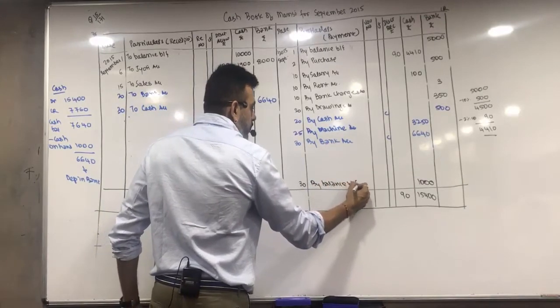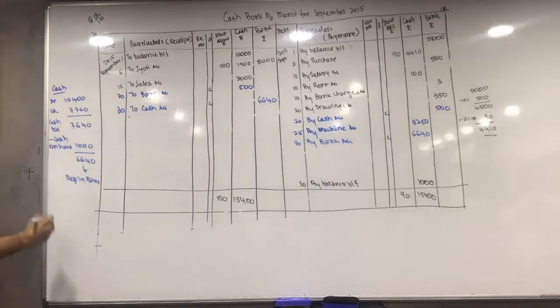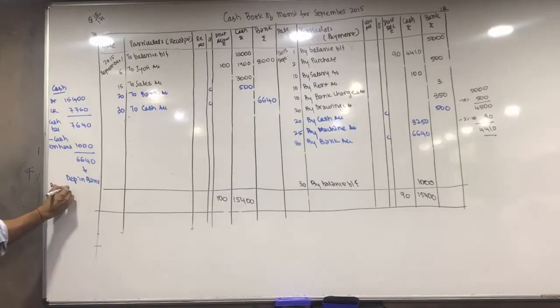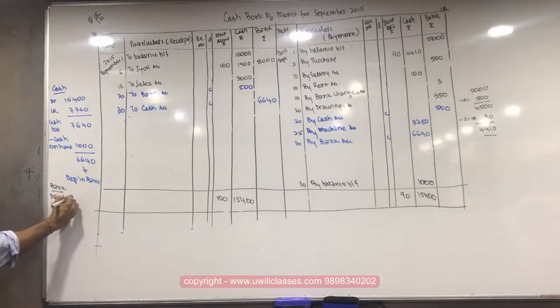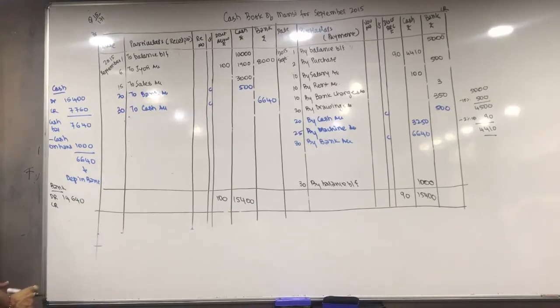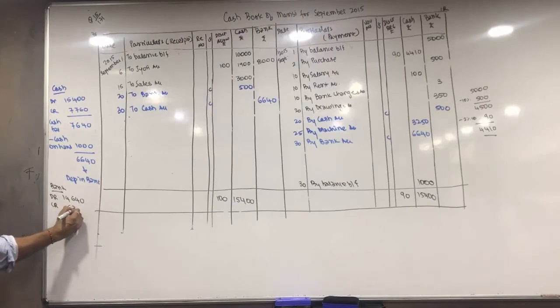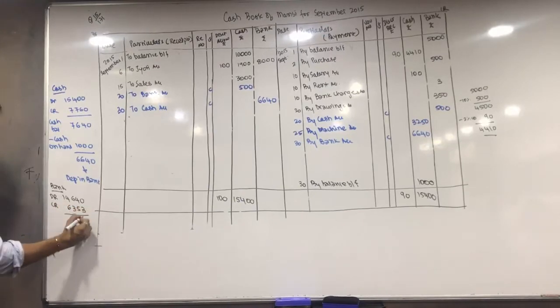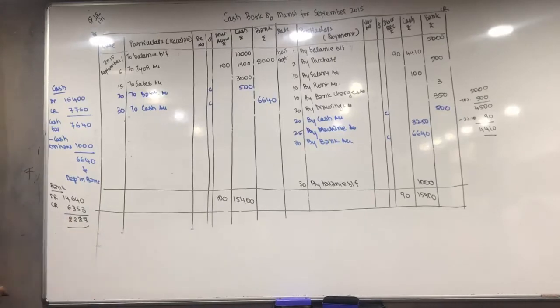Let's do bank. Debit side and credit side. Debit side is 14,640 and credit side is 6,353. So the difference is 8,287.